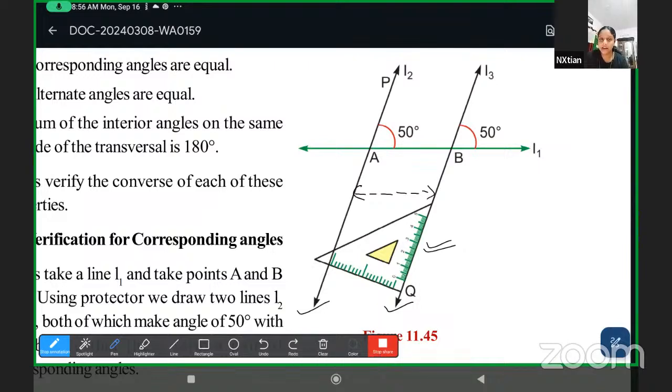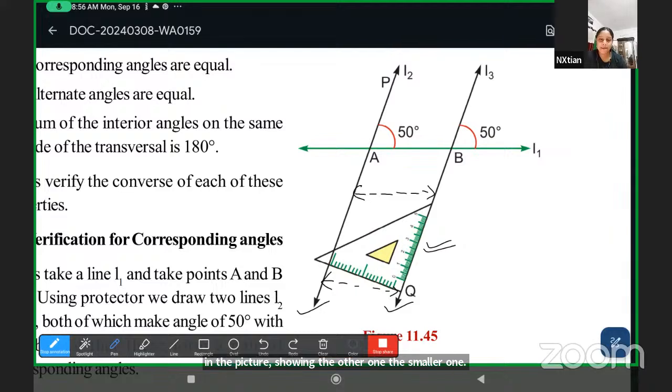Ma'am, which set square should we use? Try the longer one. This one? Yes, this one. But the picture is showing the other one, the smaller one. Try the smaller one, Hedrick.